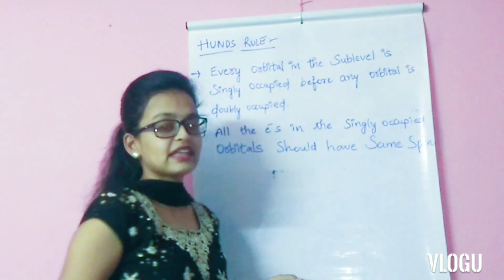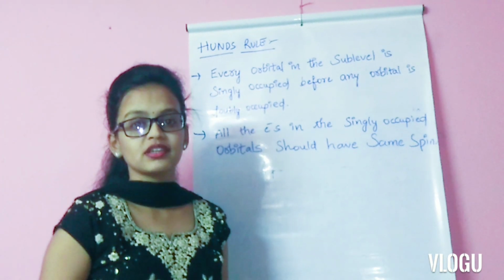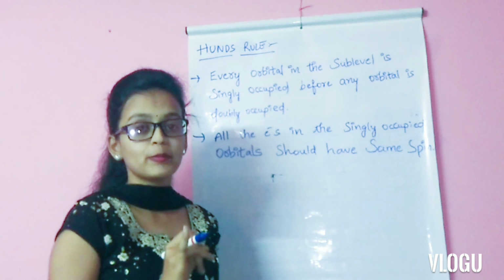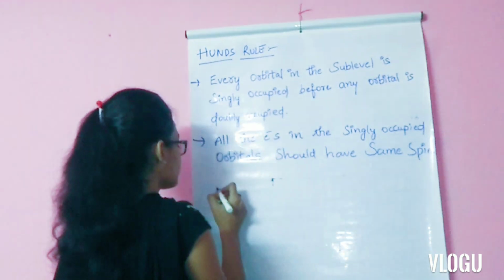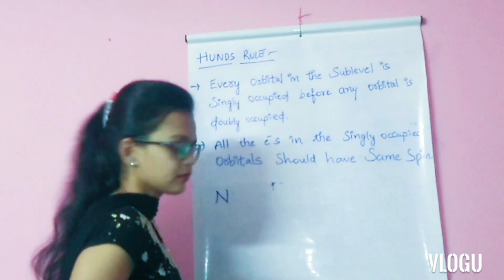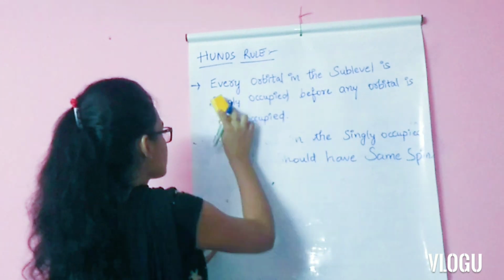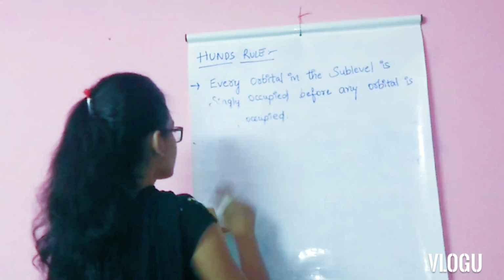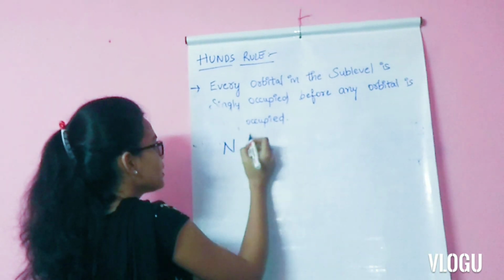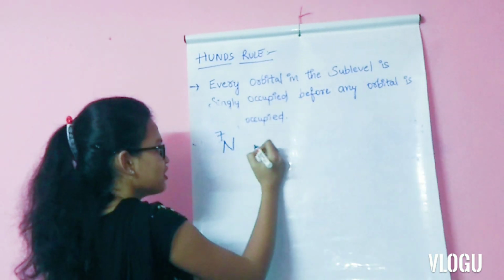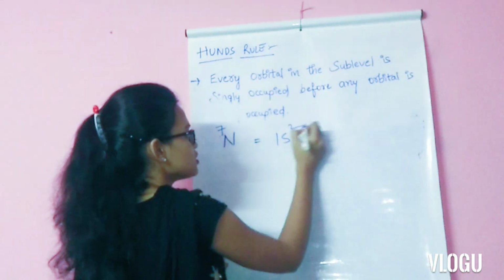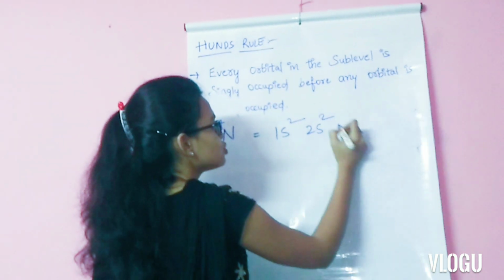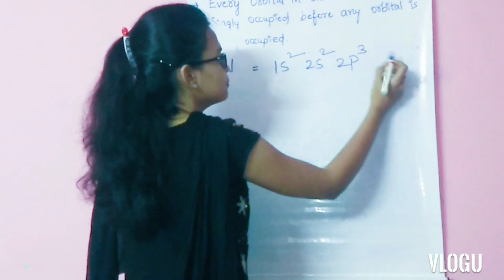Let us take two examples, nitrogen and oxygen, and apply the rules of the Aufbau principle and Hund's rule. Let us take nitrogen. The atomic number of nitrogen is 7 and the electronic configuration is 1s2, 2s2 and 2p3.